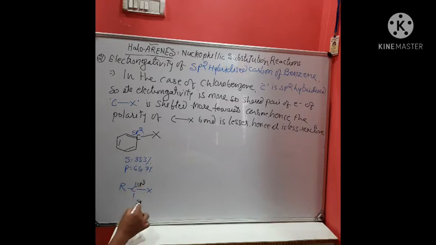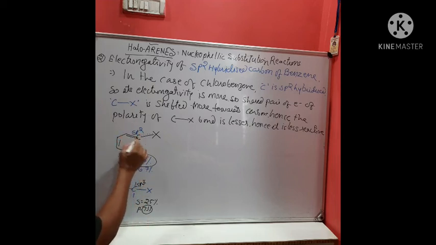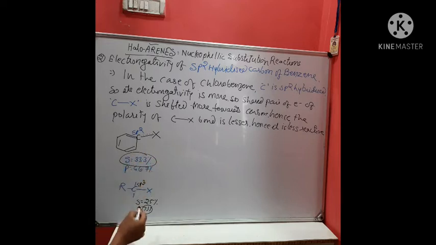That means the S character is 25% and the P character is 75%. Student, the greater the S character, the more will be its electronegativity. So the carbon in haloarene has 33.3% S character, which is higher than the S character in haloalkane.